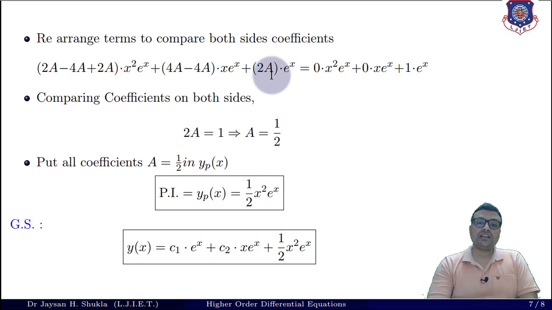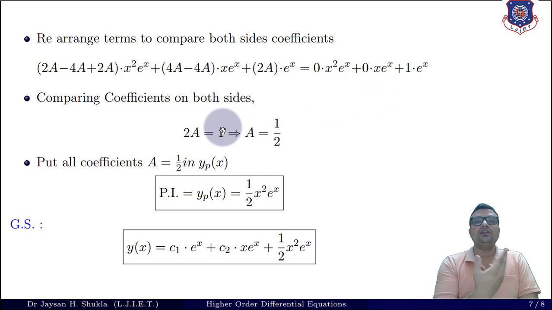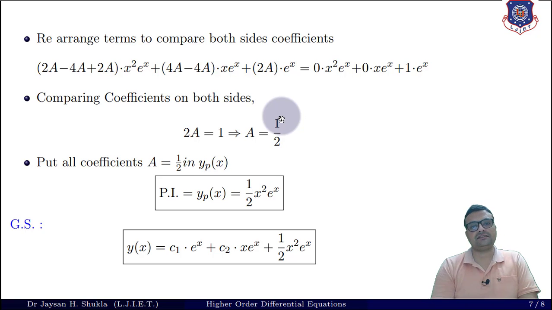Now, sometimes it may happen that you are receiving the value of a from more than one equation. So if your method is correct, if your calculations are correct, all those values will give you the same answer. Means the value of a by all three different equations must be the same.